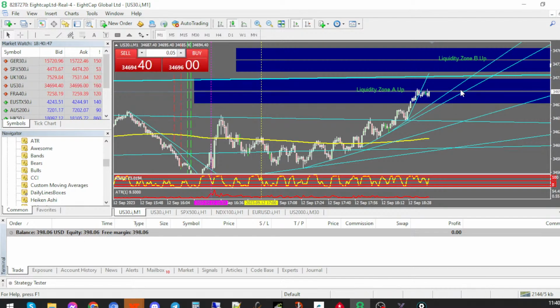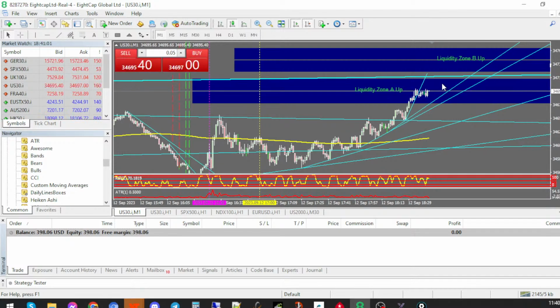So I'm using the double break approach so that I don't get that situation where it breaks and I sell and then it comes back and stops me out. I'm trying to eliminate that type of situation.